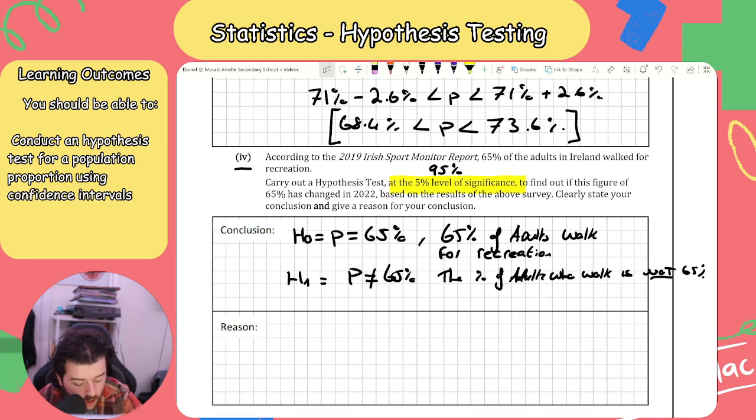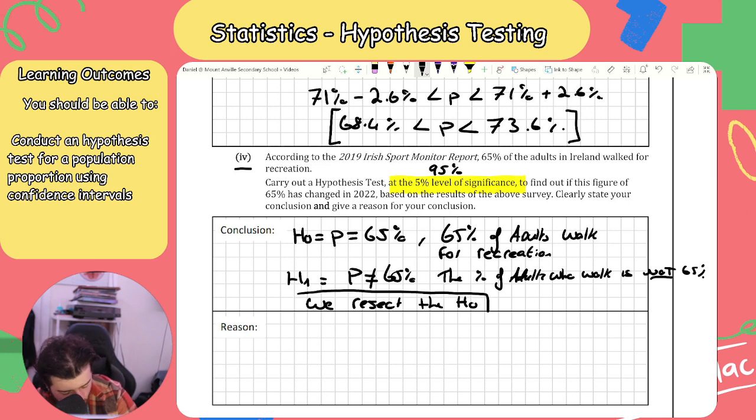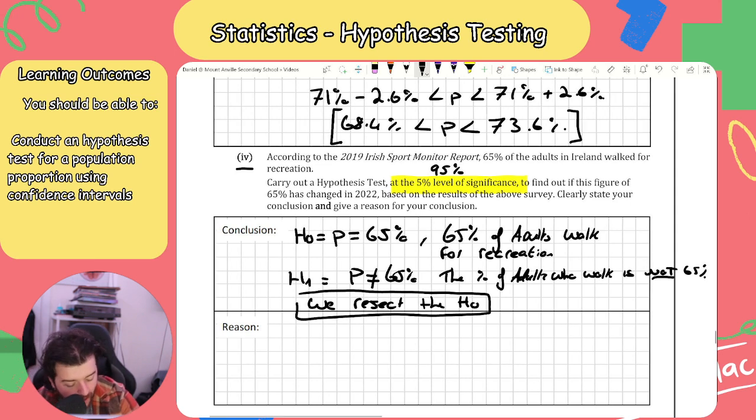So, are we rejecting or failing to reject the null? Well, we have to look at a confidence interval. We reject the null. Why? What was the reason? To quote Cardi B, what was the reason? The reason is 65% is outside my interval. 65% does not lie between 68.4 and 73.6.